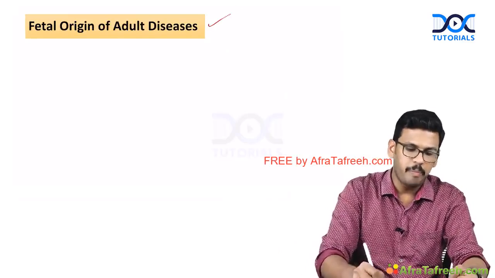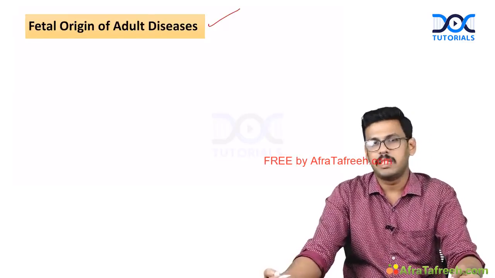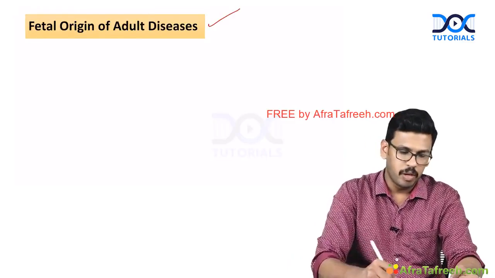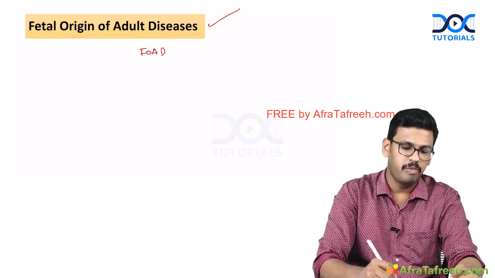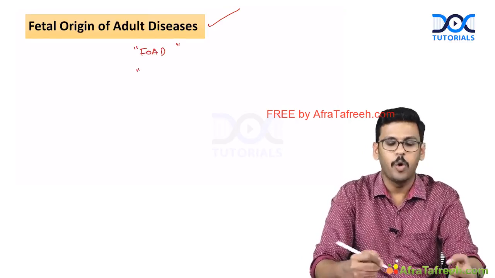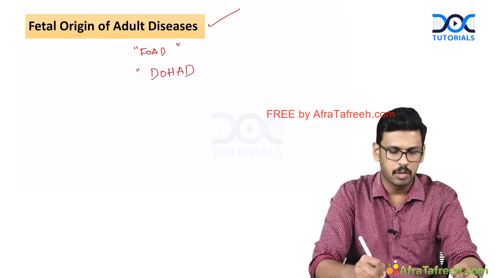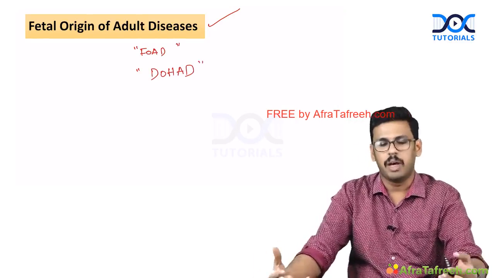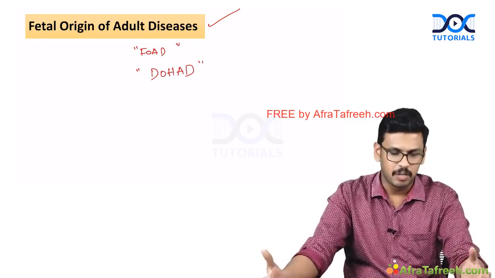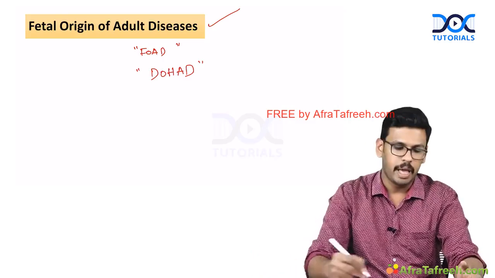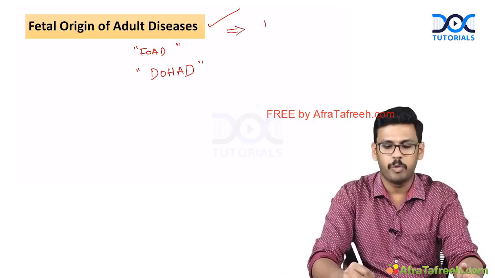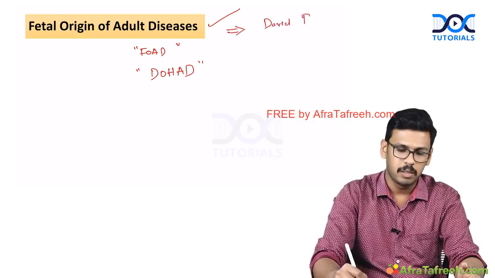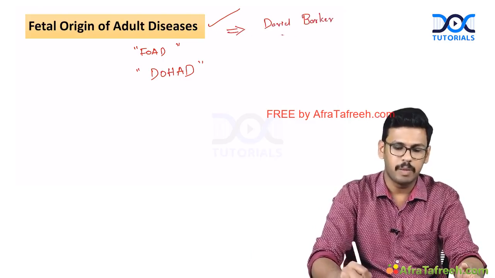Now, what do we mean by fetal origin of adult disease? It is also shortened as FOAD or DOHAD, the developmental origin of health and adult diseases. This hypothesis was first put forth by David Barker, or it is called the Barker hypothesis.